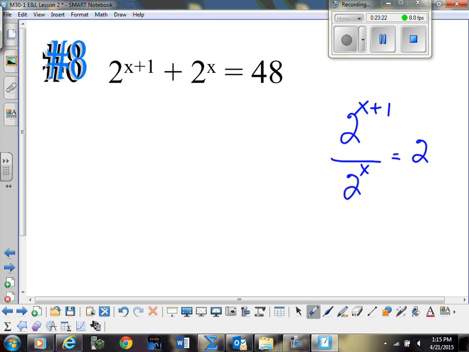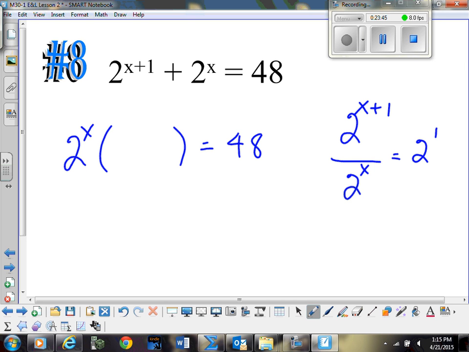The base stays the same. X plus 1 minus x is 2 to the 1. X minus x cancels, and you're left with just 2 to the 1, which is 2. So this means that I can take out a factor of 2 to the x.